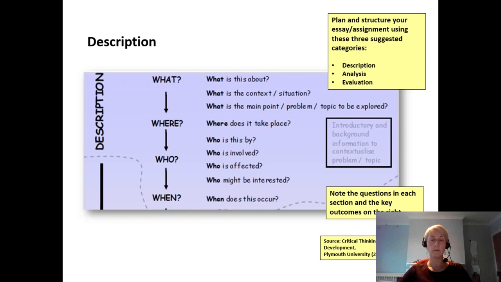So who's involved, who's affected, who might be interested, and when did this particular case happen, or this particular method, when was it used, who's involved in it, and you're just laying out that context in the description.